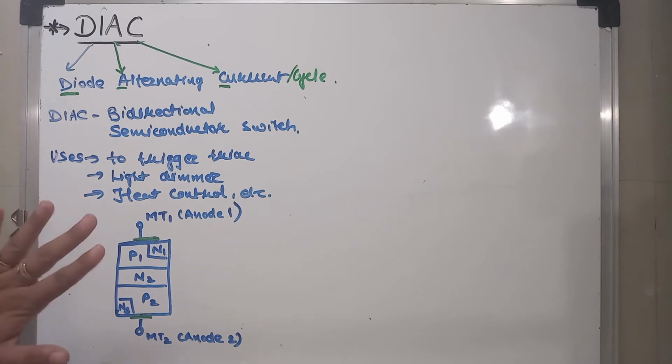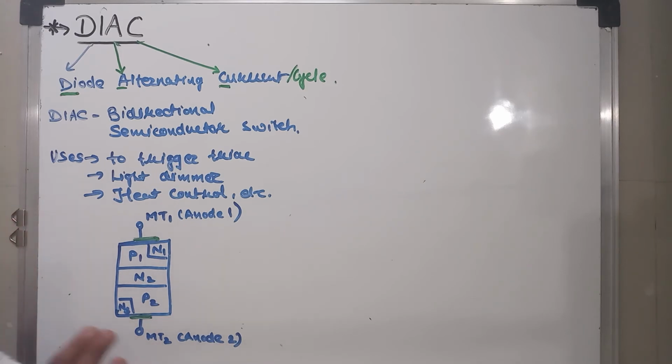There is no gate terminal, means there is no control terminal. So diac is not a latching device. Diac only conducts when the applied voltage exceeds the avalanche breakdown voltage. That will be understood from the VI characteristics of a diac.